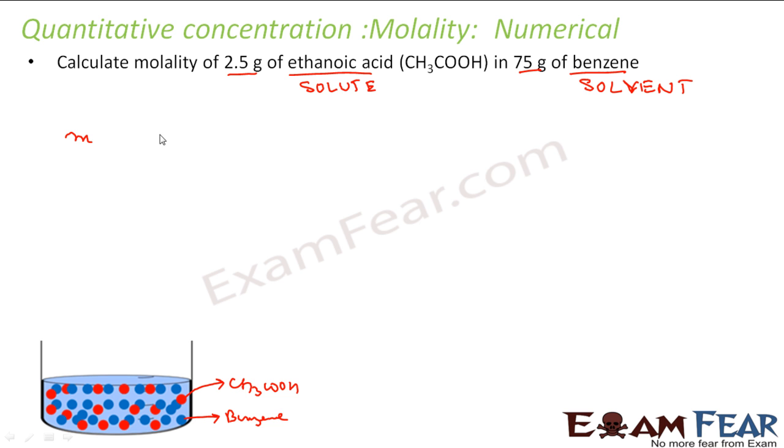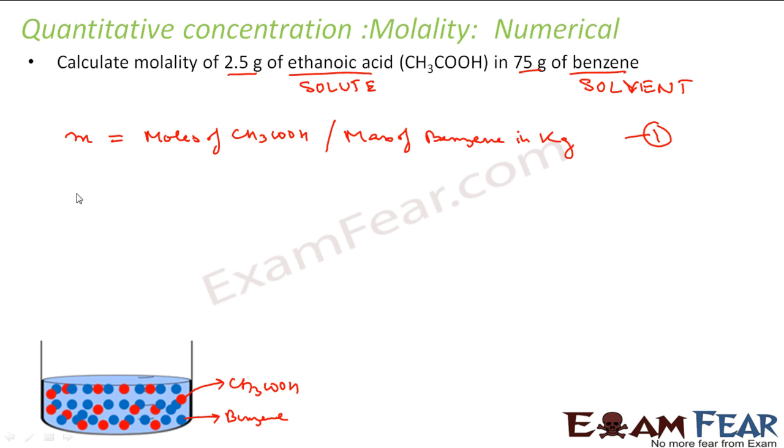So now we have to find the molality of the solution. The molality of ethanoic acid is nothing but small m, moles of ethanoic acid divided by mass of solvent. The solvent is what? Benzene, in kg. So we need to find these first, and this is my equation number 1.